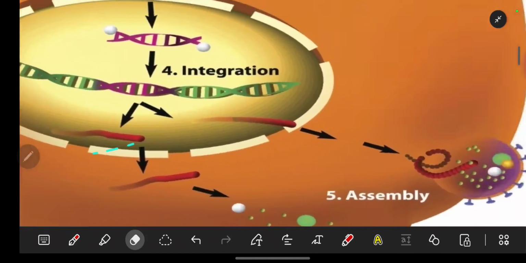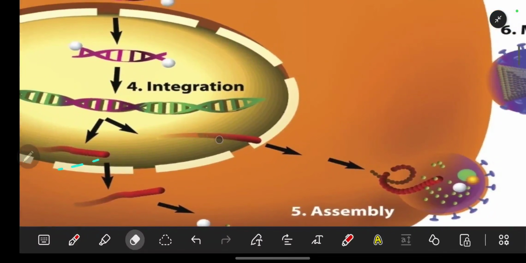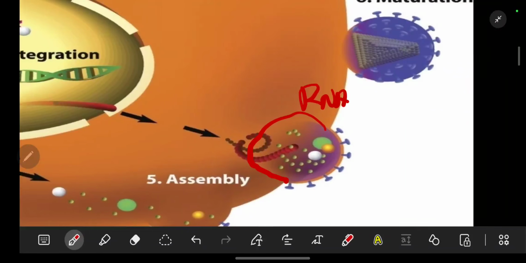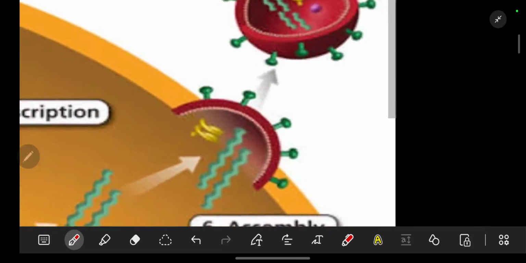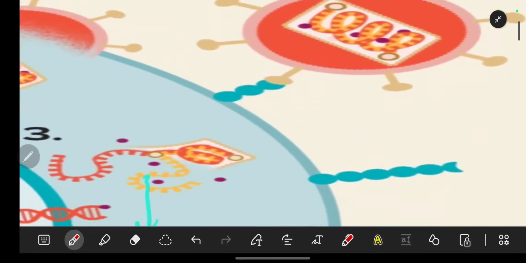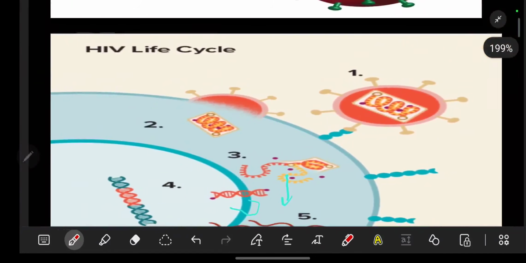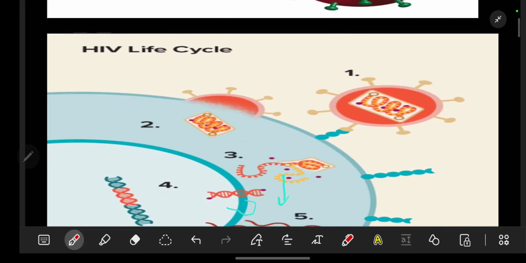After the replication process, it will be assembled, where the proteins and the new genetic material, the new RNA which is made, will come together at the cell. Then after that we are going to have release after maturation. So that is basically the HIV cycle.